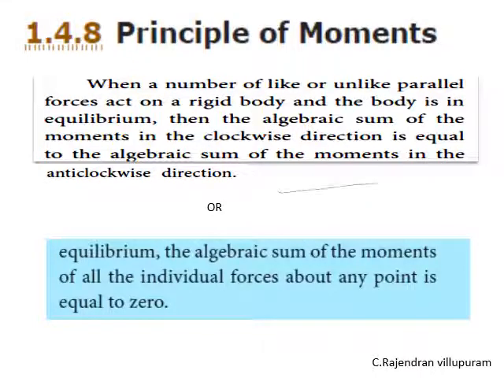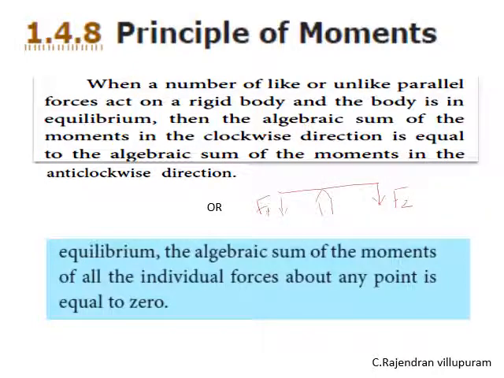an object like this. This was the point of application. Here you applied one force F1 and another force F2. It may be like parallel forces or unlike parallel forces, anything.